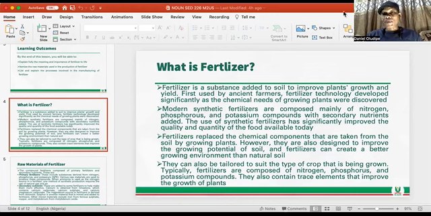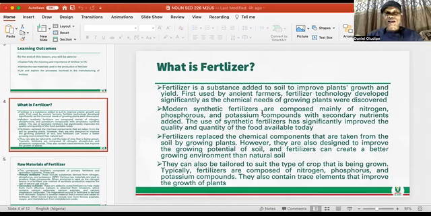From that simple definition, when you want the farm products you planted to grow healthily and at a very fast measure, you apply fertilizer to it.